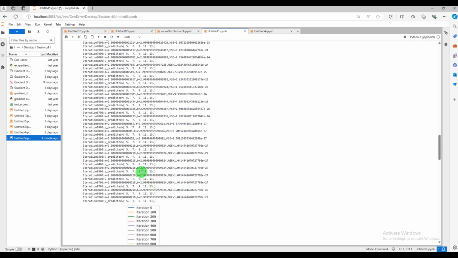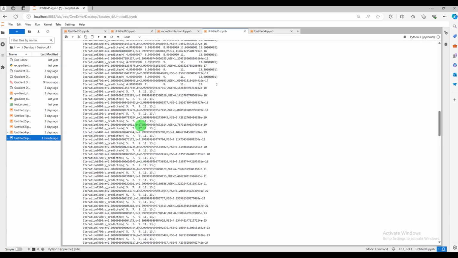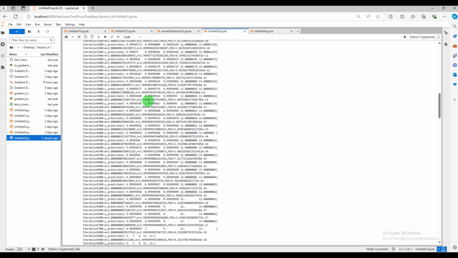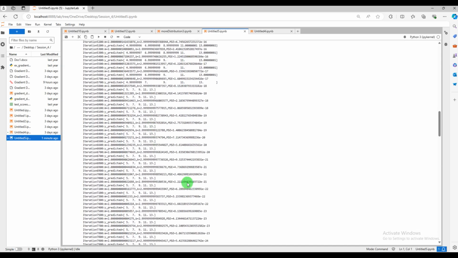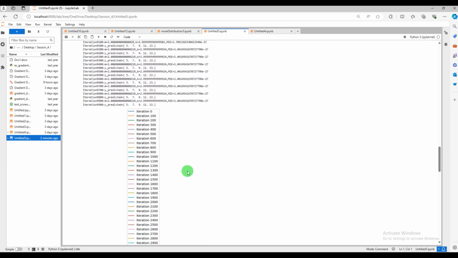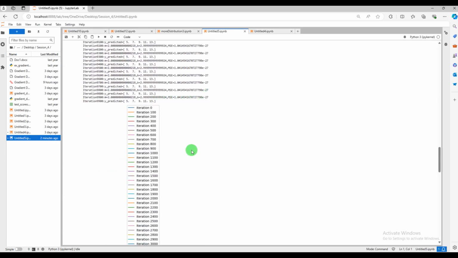You can see here, after 5,700 iterations, the y predicted became similar to our actual y, and also you can see MSE decrease until this number.